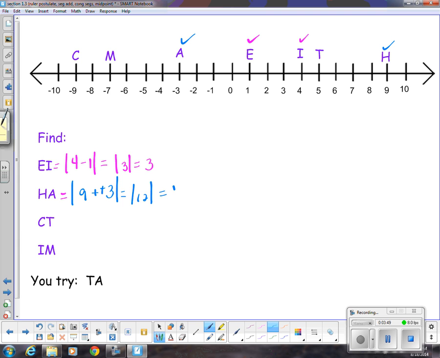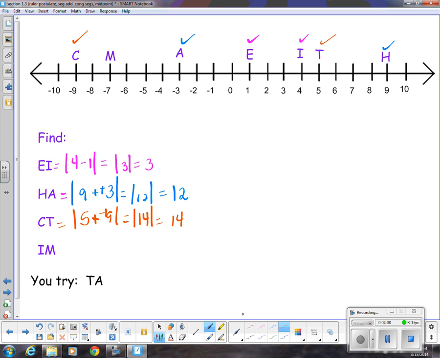So now I want CT, here is C, here is T, so that's going to be the absolute value of 5 minus a -9, which is going to be plus 9, or the absolute value of 14, or 14.